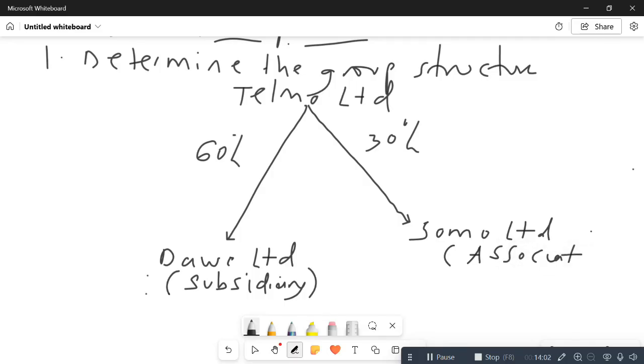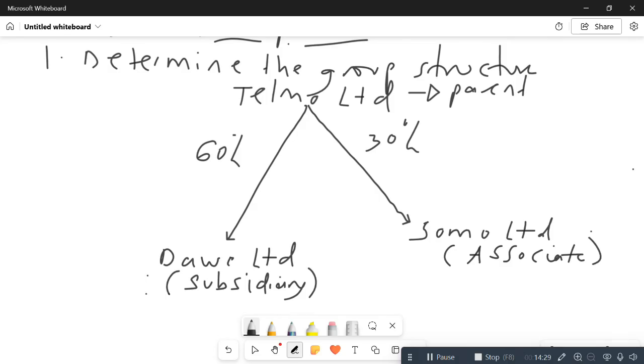Now, at this particular moment, we can identify who is the parent. This is our parent acquiring shares in another company. Parent, that is Teremo, acquired 60% in Dawe. Dawe qualifies to be a subsidiary because they have acquired more than 50% in that company. For Somo, Teremo acquired less than 50%, that is 30%, so it qualifies to be an associate.